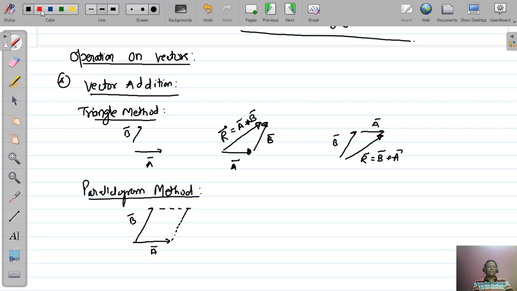Then this diagonal from the same point, because another diagonal is also possible, we are not considering this at this moment. The diagonal from the same point from which A and B are drawn represents the sum of vector A plus B.